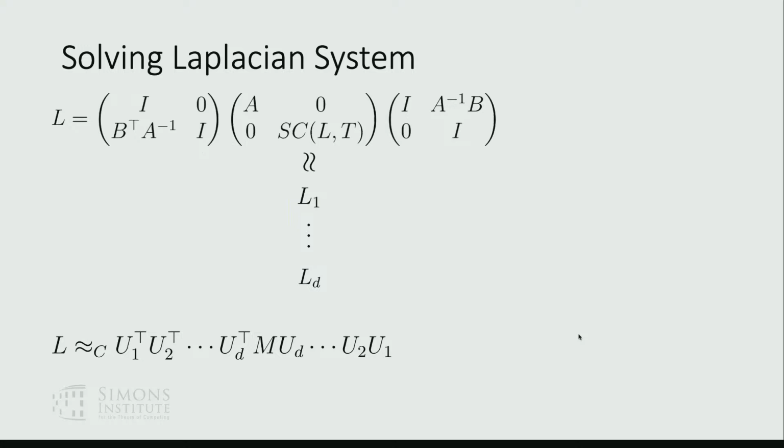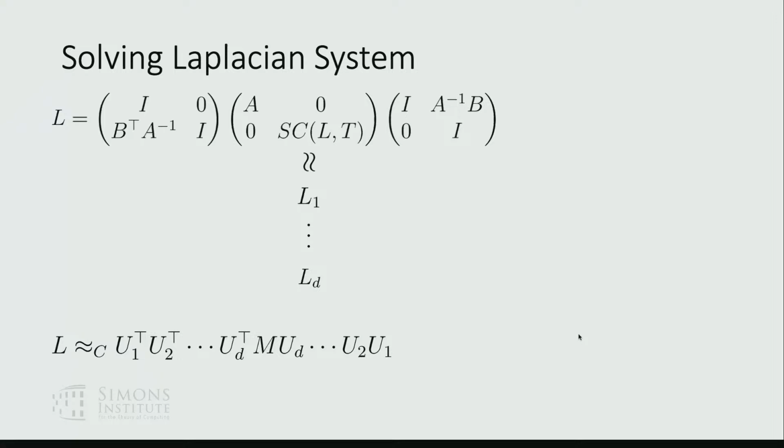I'm going to approximate the Schur complement. I'm not going to build out the Schur complement. Turns out the exact Schur complement is very dense. I'm going to approximate it implicitly without actually building it explicitly. So that gives me a graph approximation to the Schur complement. And then I will recurse on this Laplacian.